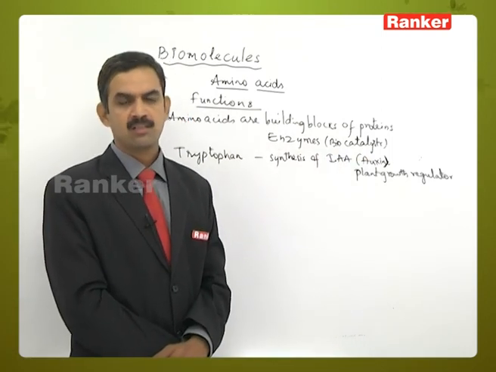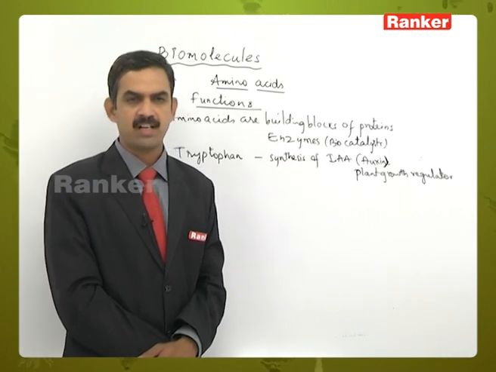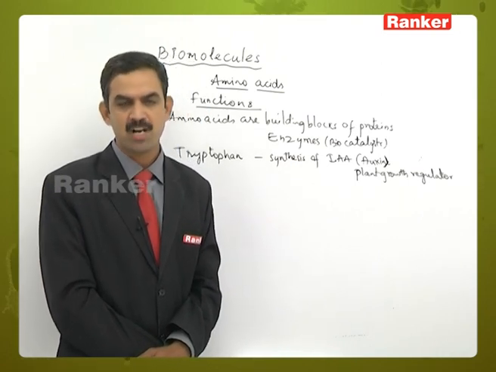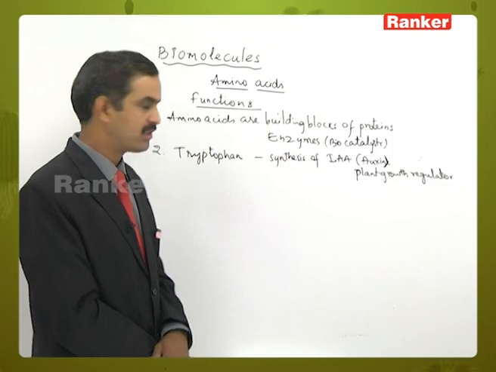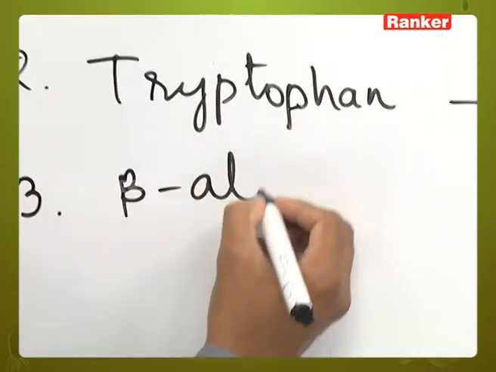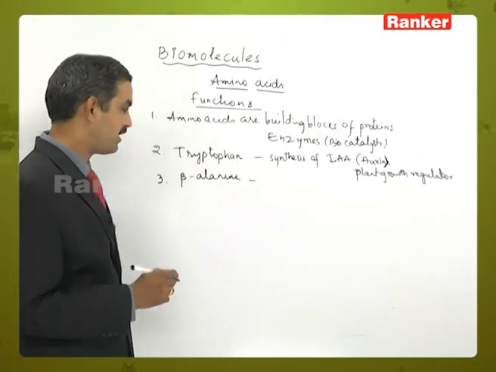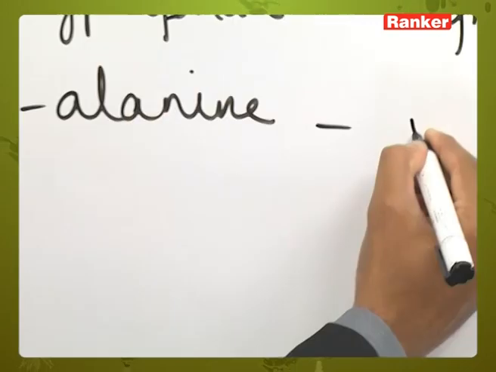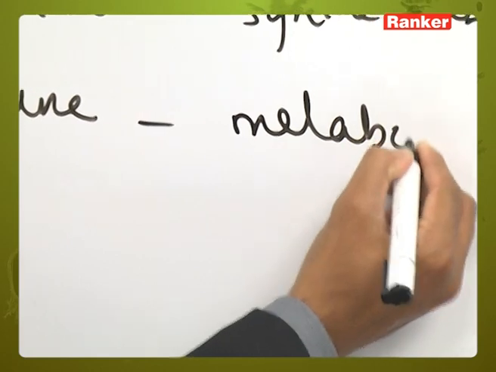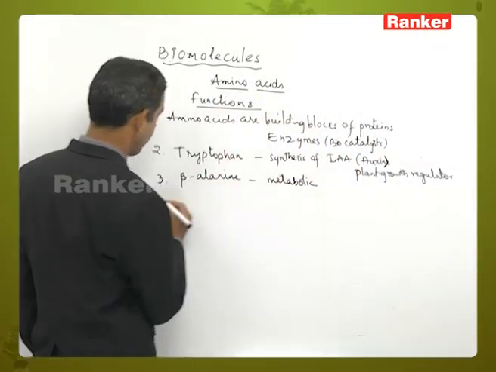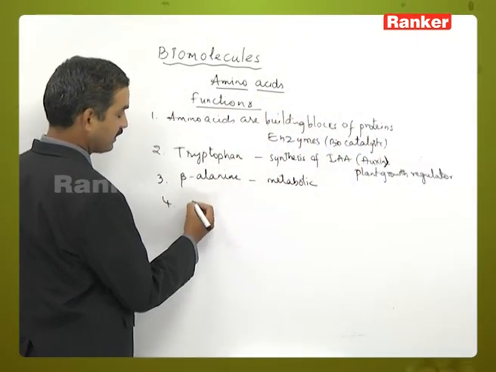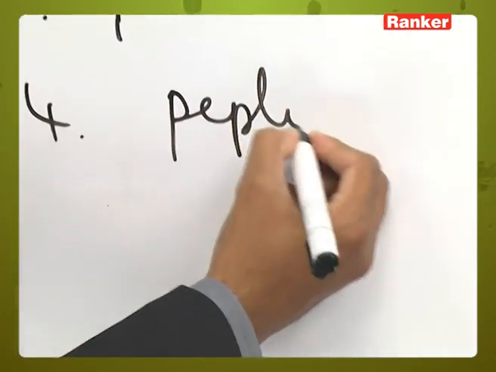Likewise, some amino acids help in various other metabolic activities inside a plant cell. Beta alanine is required for metabolism, and some of them are required for the synthesis of peptidoglycans.